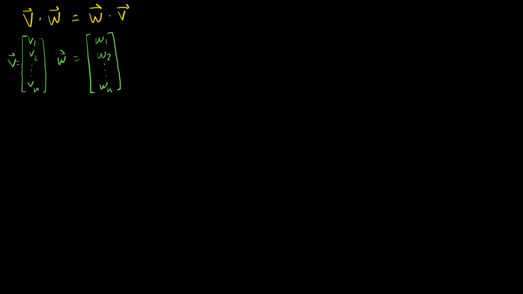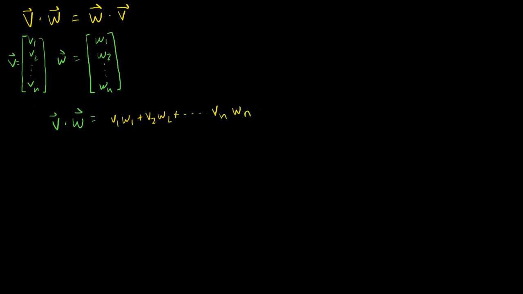So what does v dot w equal? v dot w is equal to v1 times w1, plus v2 w2, plus all the way to vn wn. Fair enough.